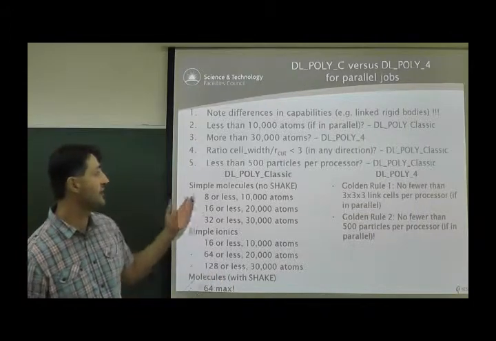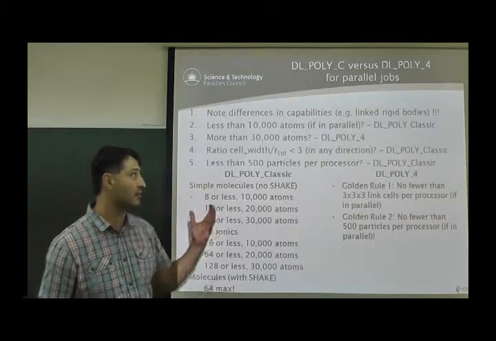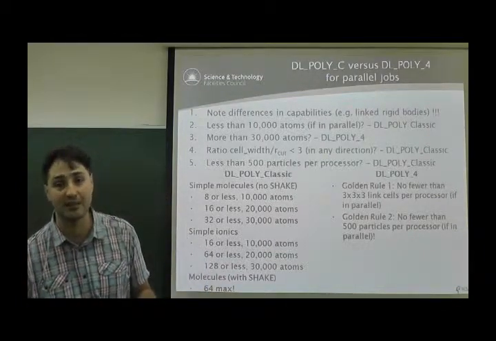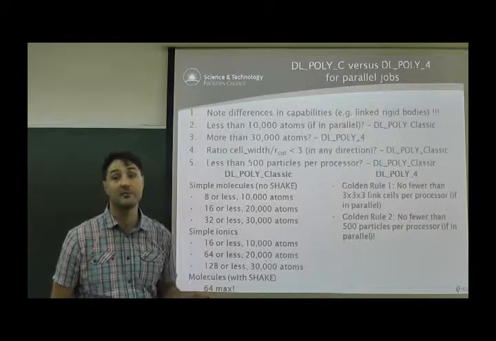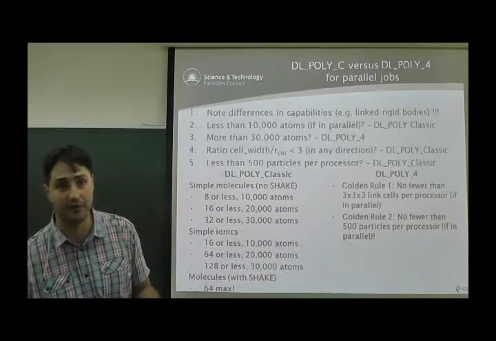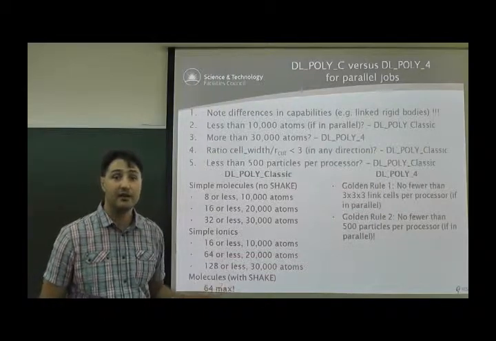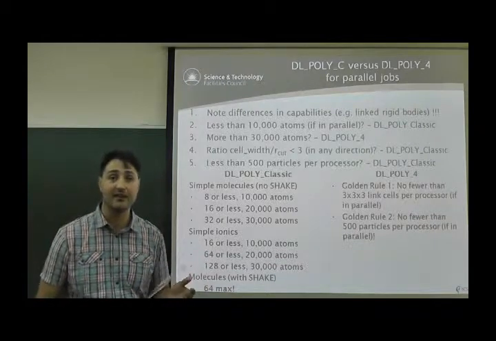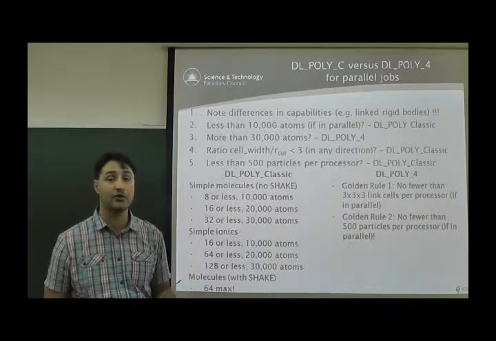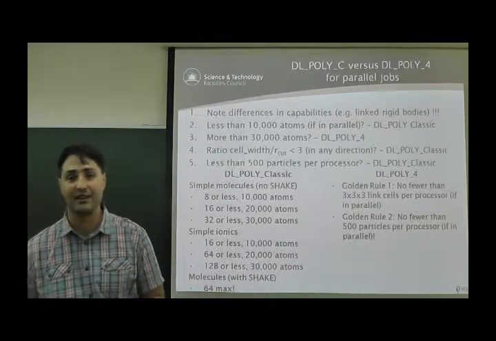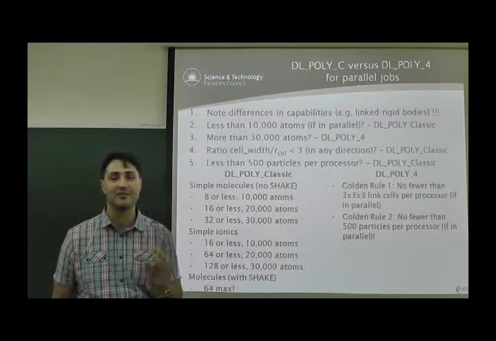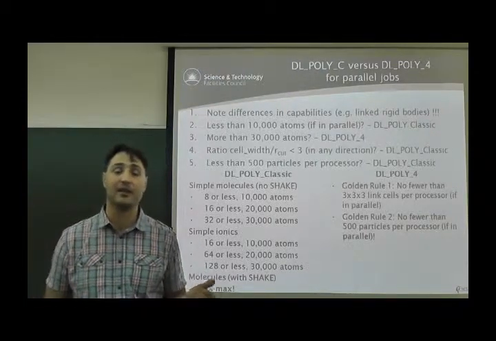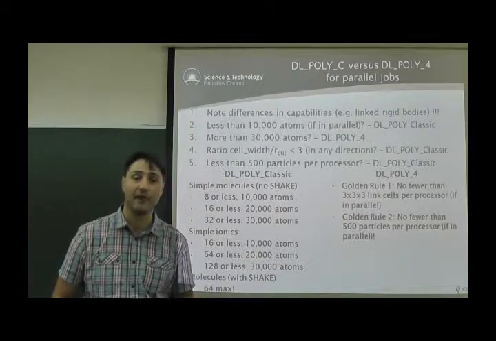There are some restrictions. For example, if the ratio of cell width over cutoff is less than 3, then the performance of DL_POLY Classic will be better than that of DL_POLY 4. And if you have fewer than 5 to 100 particles per processor, it is again DL_POLY Classic that should be your choice, because this is the regime in which DL_POLY 4 doesn't perform as well as when you have larger loads of particles per processor.